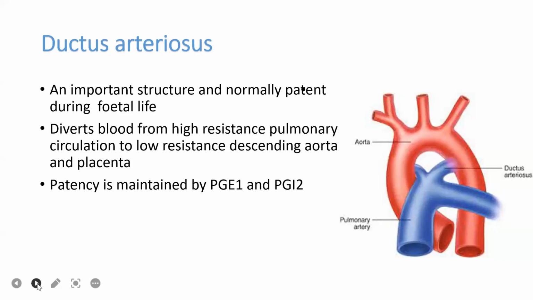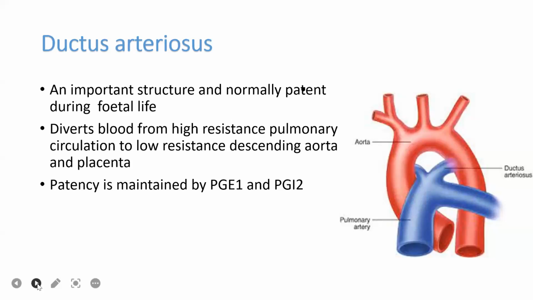Otherwise, functional closure occurs, as we're going to see, followed by anatomical closure of the ductus arteriosus. And whenever that ductus arteriosus does not close, it is what we call a patent ductus arteriosus, or commonly a PDA.